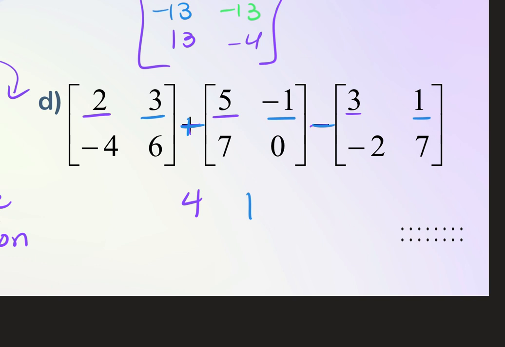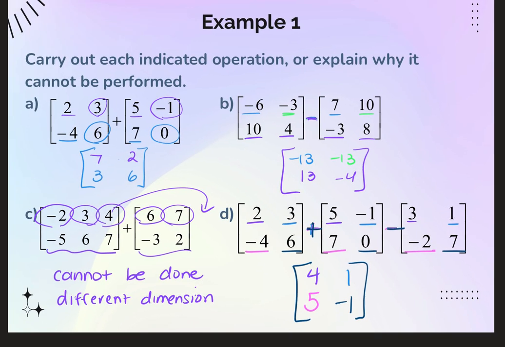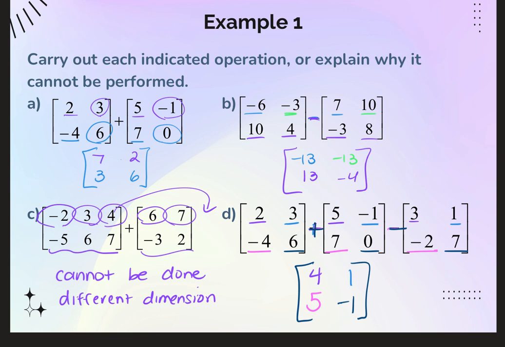Then I would go to -4 plus 7, that's 3, minus a -2 is plus 2, so that's 5. And 6 plus 0 is 6, minus 7 is -1. Questions on those?